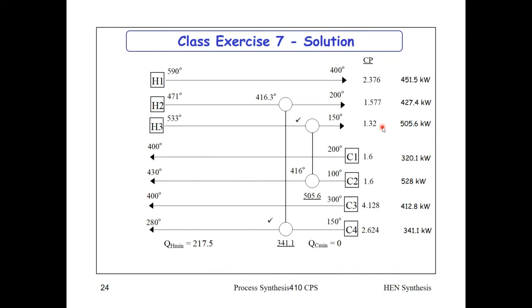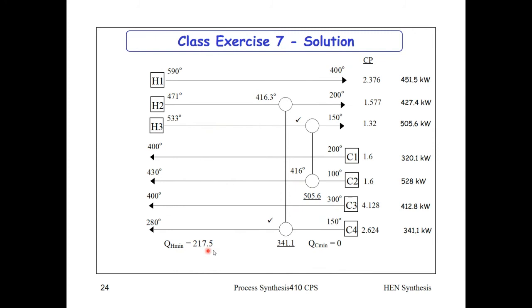Knowing that your pinch is where we're going to need hot utility over here on the cold stream. So essentially that says that the pinch is going to be on the right hand side, because you only use hot utility on the hot side of a pinch.